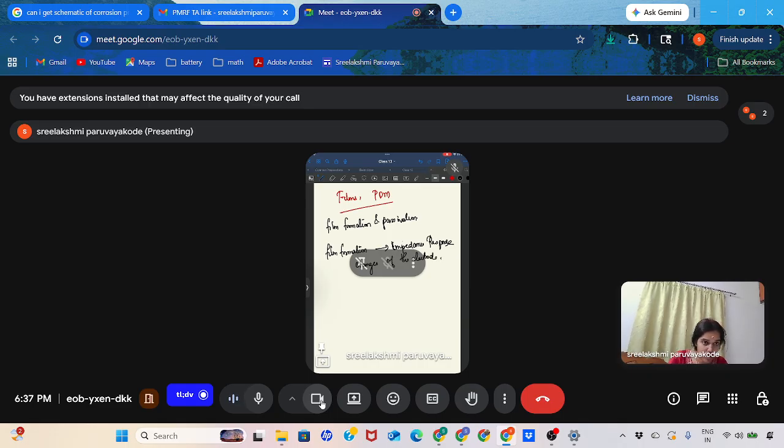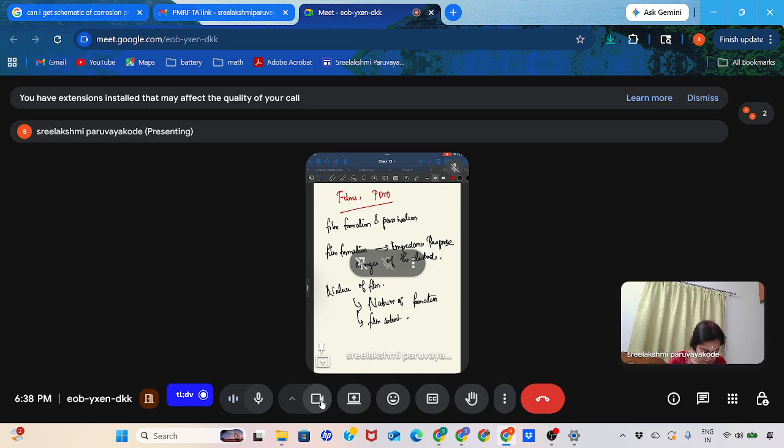This depends upon the nature of the film, which again depends upon the nature of formation and also on the film content.